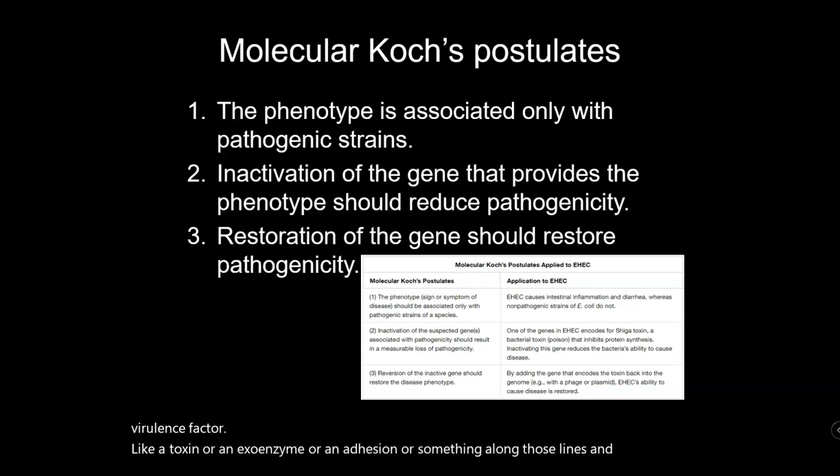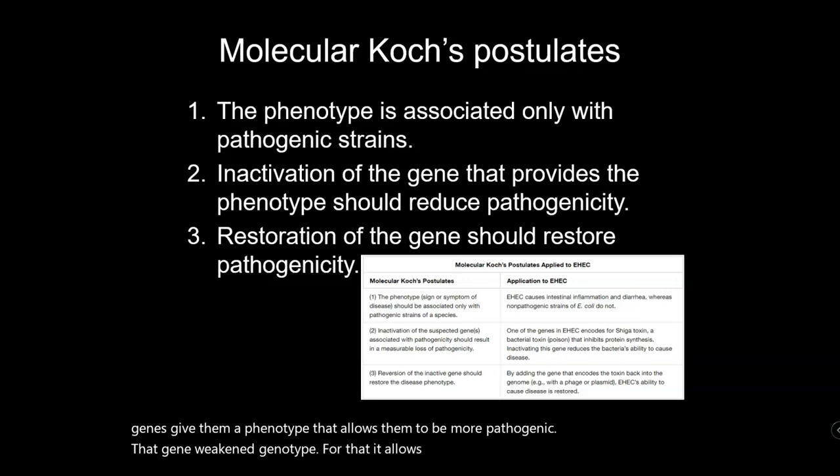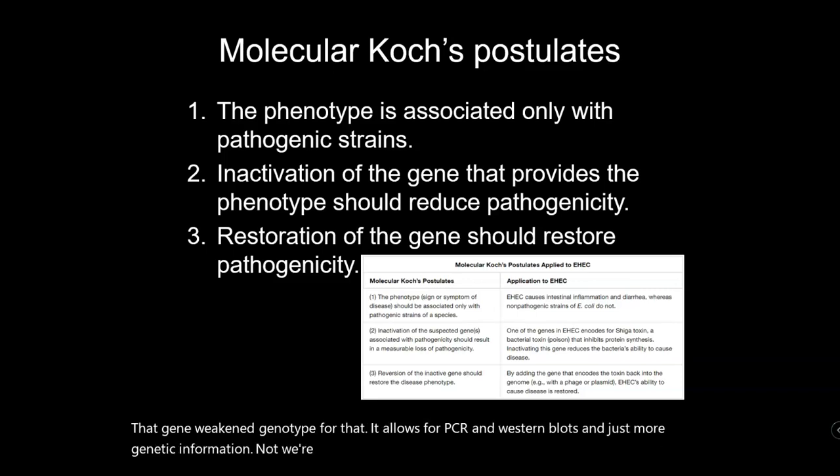And so those genes give them a phenotype that allows them to be more pathogenic. That gene, we can genotype for that. It allows for PCR and Western blots and just more genetic information. We're not relying on organisms in a lab as much as we used to back in the day.